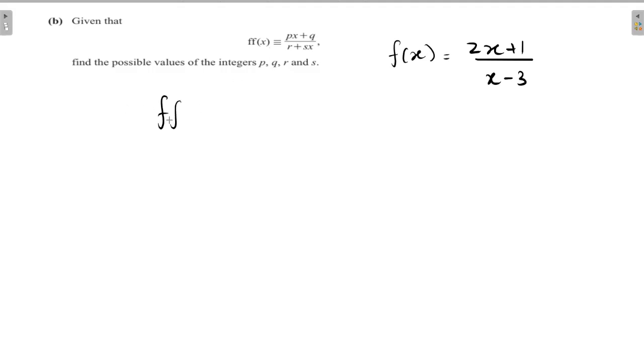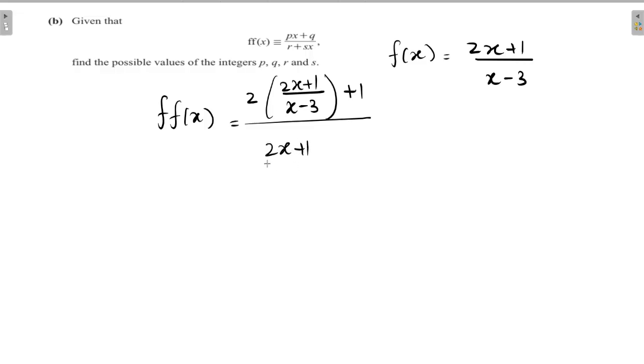So f of x is equal to, in this f of x we have to replace all the x by the throughout the function. So 2 times (2x plus 1 by x minus 3) plus 1, divided by (2x plus 1 by x minus 3) minus 3.